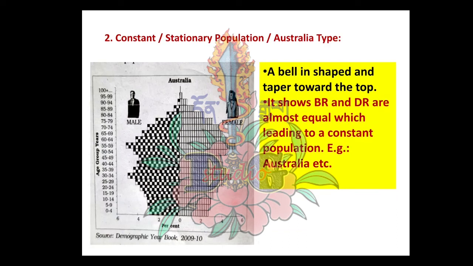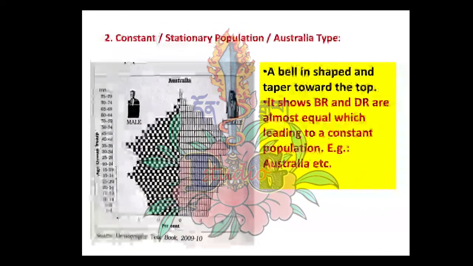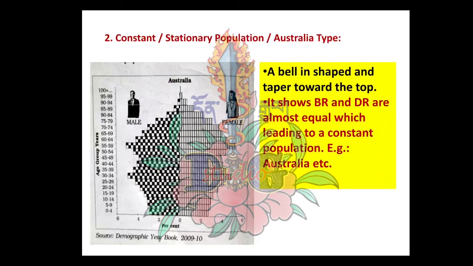That shows the birth rate and death rate are almost the same or equal. There is a low birth rate and a low death rate, and the life expectancy is also much higher as compared to the first one. That shows these countries are socially and economically more developed, with better planning systems.